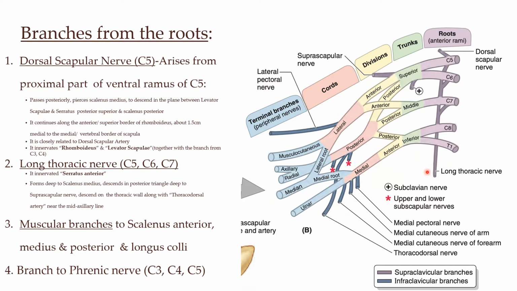The important point to note here is that during its descent, the long thoracic nerve descends parallel to the thoracodorsal artery. The other branch is the muscular branch to scalenus anterior, medius and posterior and longus colli muscle. Phrenic nerve also receives contribution from the C5 root of the brachial plexus.